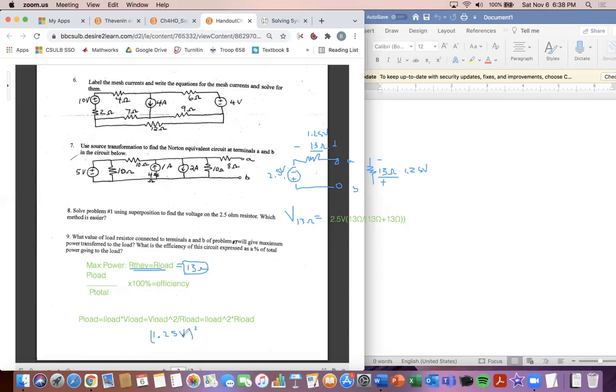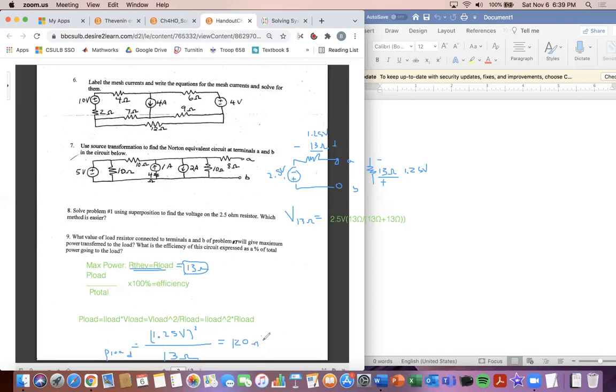And so it's 1.25 volts squared divided by the resistance of the load, which is 13 ohms. So 1.25 squared divided by 13. I got 0.12 for the power. So I'll just write it in milliwatts because that's easier. And so the power of the load in milliwatts is equal to 120 milliwatts.